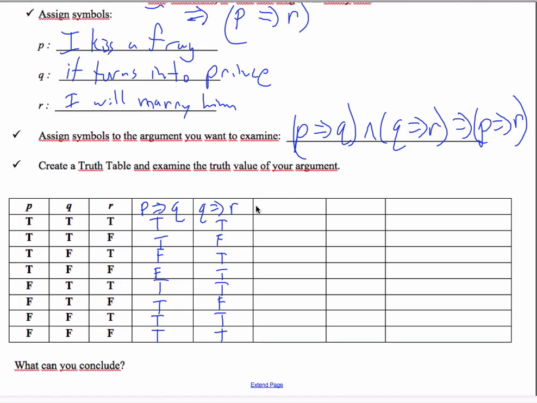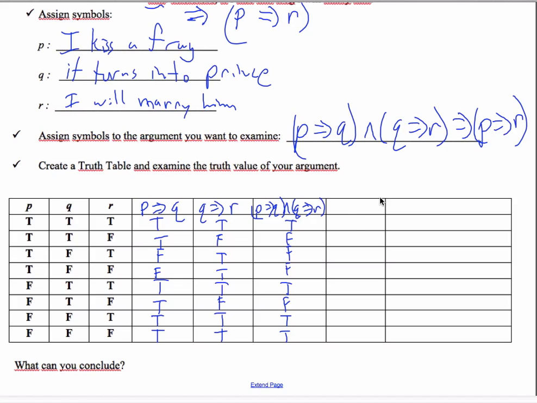Alright, so let's join those together now. We'll have P implies Q and Q implies R. Look at these two. It's only true if both of them are true. So we've got true there, and we've got 2 more trues on the bottom, and the rest are falses.